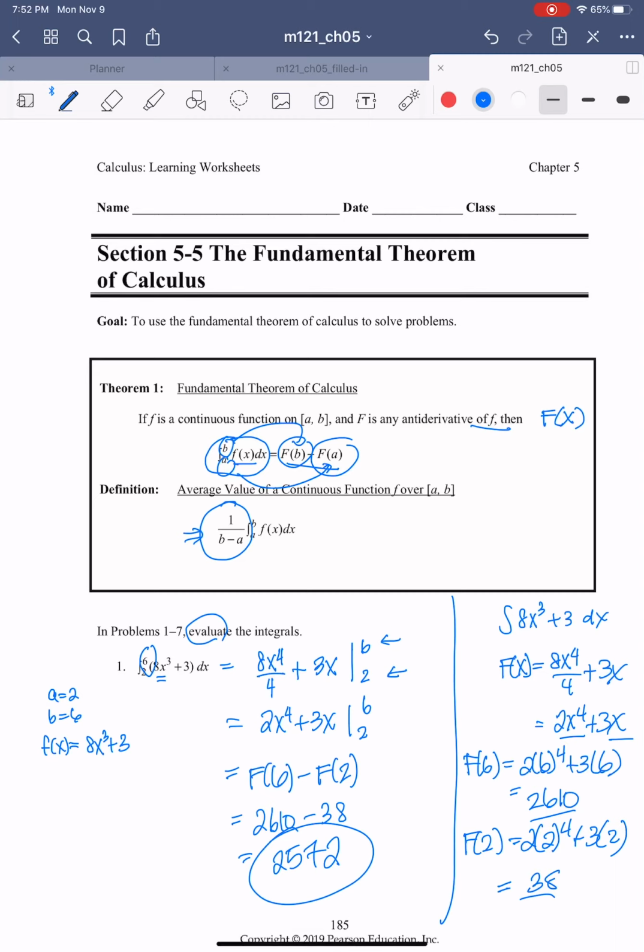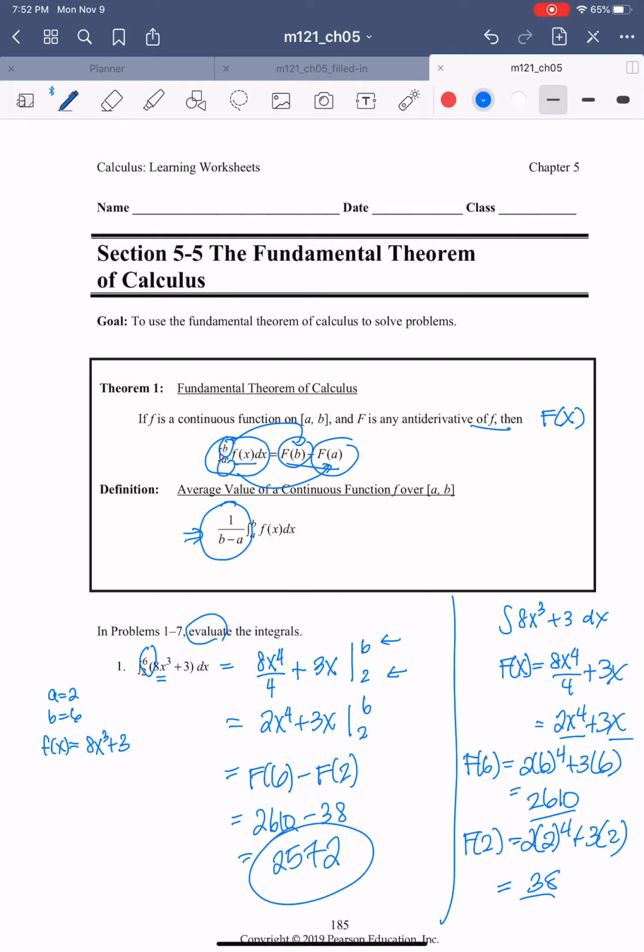Okay, that's what the fundamental theorem is. You're done with creating the rectangles. I'll give you the formula, I'll give you the theorem. Just use the theorem to solve, which is very efficient. I don't have to calculate the length and height, and then multiply and sum that up. I can just evaluate it, plug in a number, and subtract the upper limit and lower limit values.